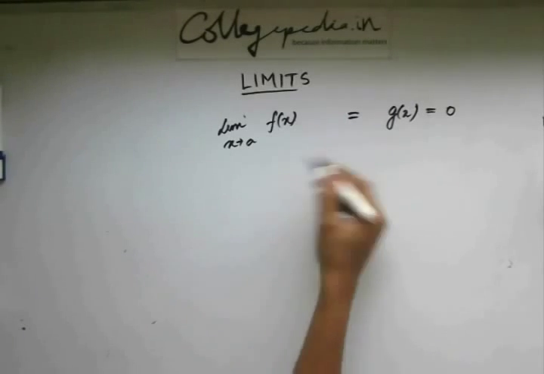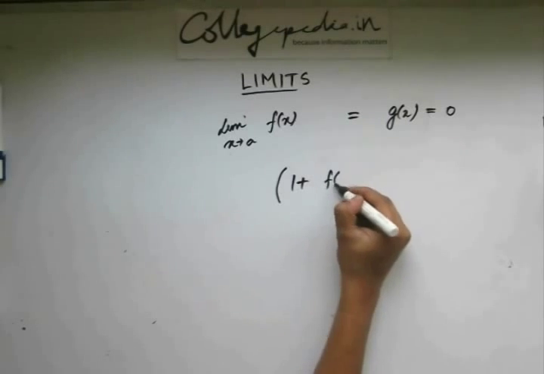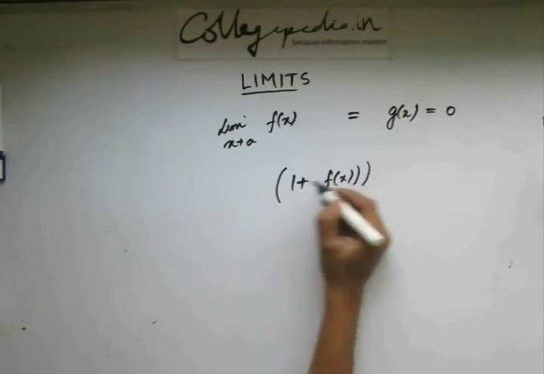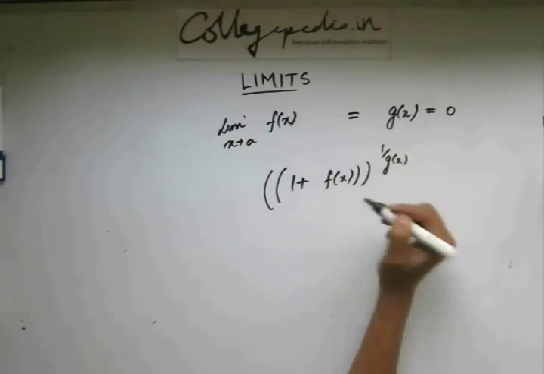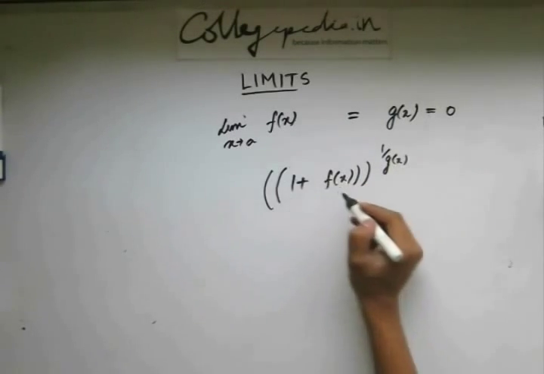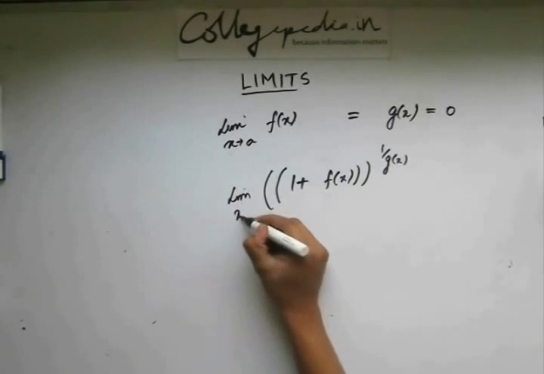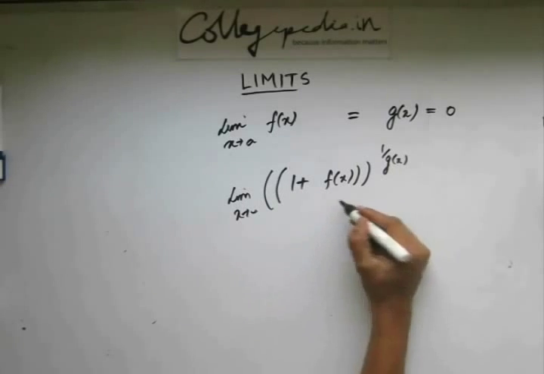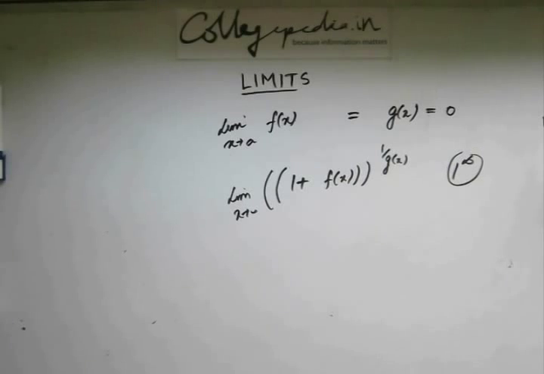And this is known, and I have been asked to evaluate this limit. As you can see, if I put x equals a, both of these approach 0, so 1 plus this is actually 1, and 1 by g x is infinity, so it's of the form 1 to the power infinity.